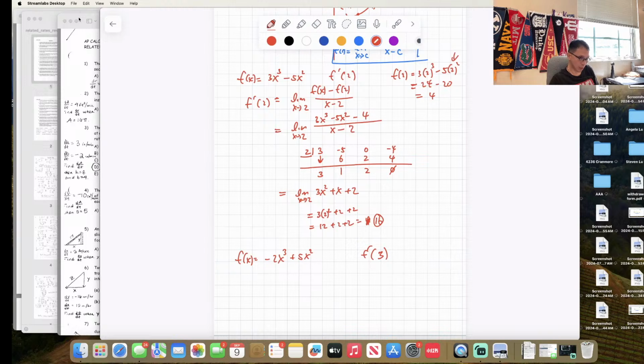In this case, you're not going to get a remainder, because with a derivative it's usually factorable.